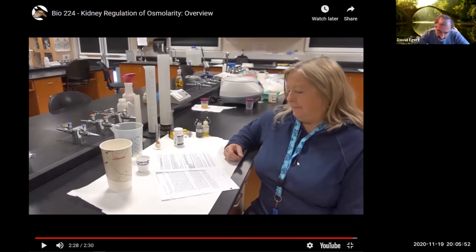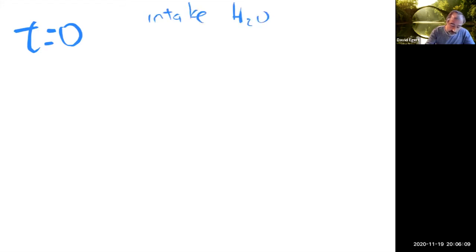So the basic way the experiment will happen is that at T equals 0, you take in your water, your sodium chloride, your caffeine. And then we'll do measurements.